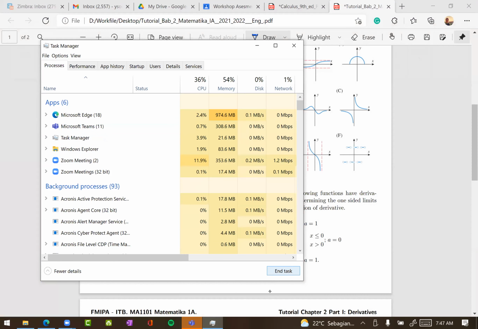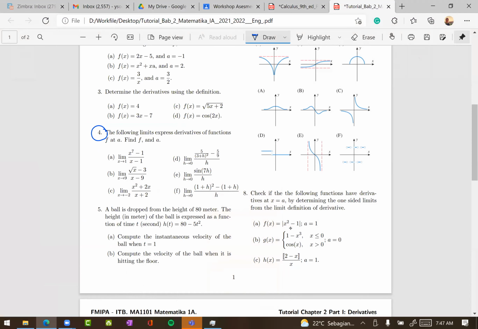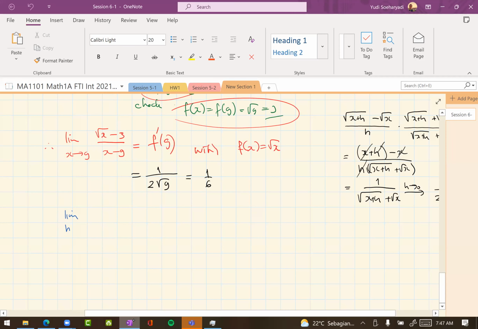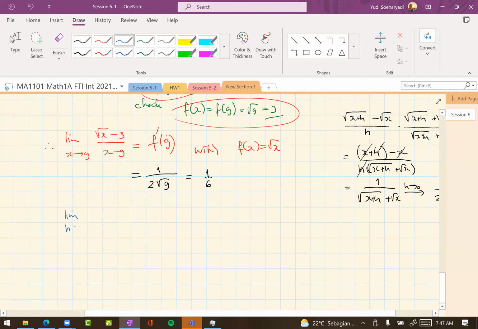Here h goes to 0. The limit of (5 over (3 plus h) squared minus 5 over 9) over h.